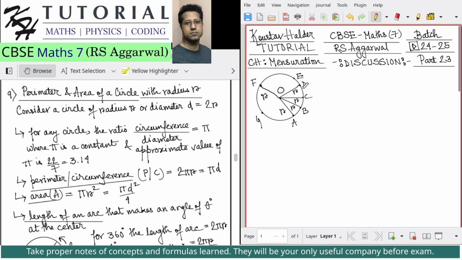So OD, OC, OB, OA, OF and OE are all of the same length, and the length is nothing but the radius of the circle. So all these concepts you know.